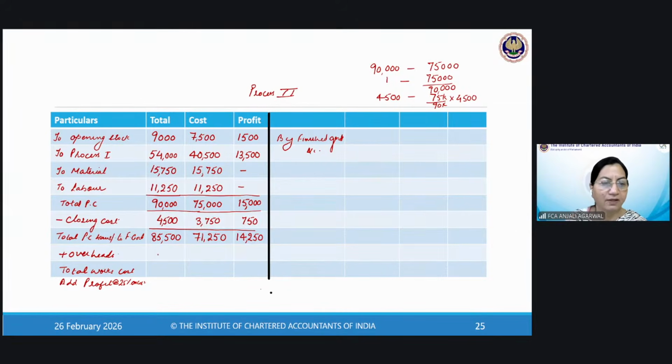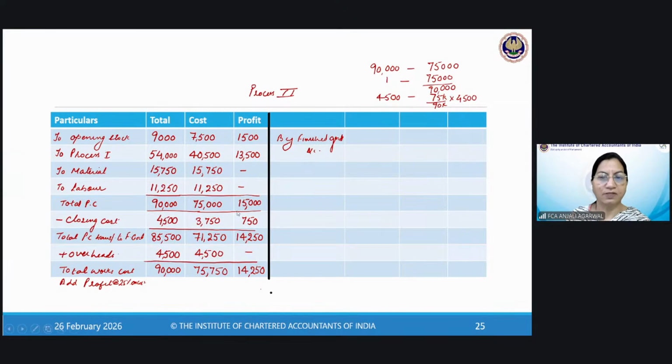Yes. Now you will add the overheads of 4,500, which is pure cost, which is no profit. So the total value of goods which will move to the next process, or finished stock account, is 90,000, which has a cost of 75,750, in which the inter-process profits were 14,250.